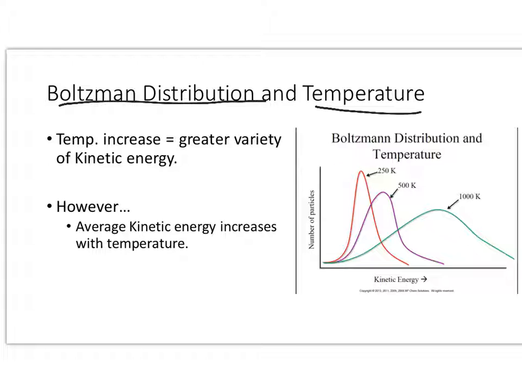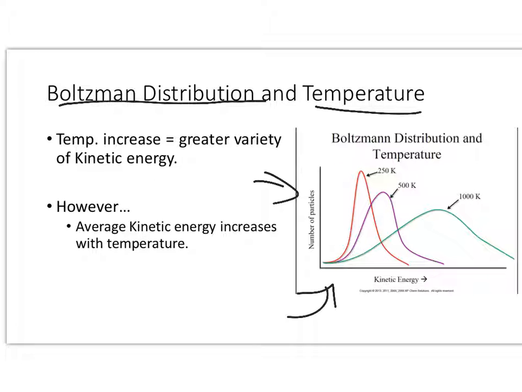So here's the deal. We've got this fancy-dancy graph over here, right? And basically what it shows is the actual temperature, and then the bell curve there, right? I guess you'd call that sort of an upside-down parabola. It shows the distribution of the average kinetic energies of the particles in the substance.